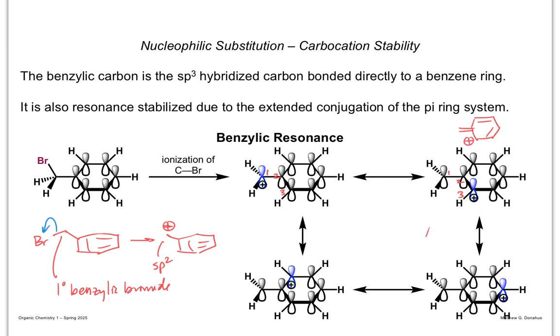The structure below it would look like that. And then the last structure would look like that. So overall, you have these 4 resonance forms where that plus charge is located at very specific positions. Alternatively, you can think about it, where is it not located?